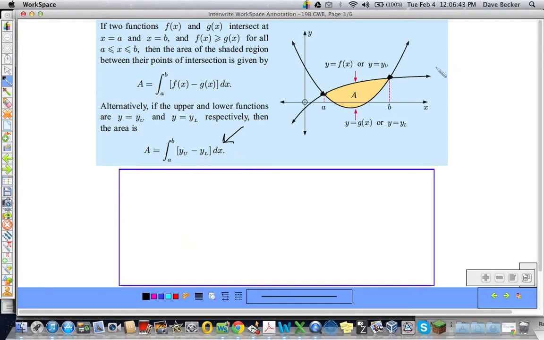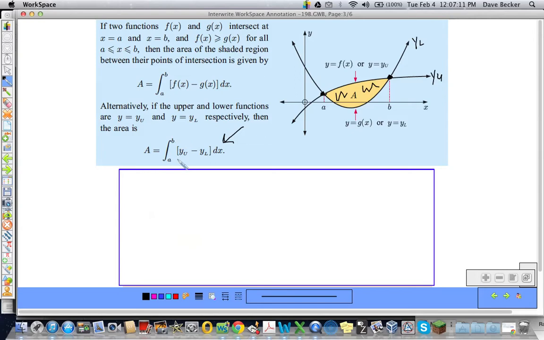Let's call the function on top y sub u, the top bound of the region in question, and the one below it y sub L for lower. It looks odd because visually the L is above the U, but with the bound, the upper is above the region and the lower is below the region, and of course it closes it in.